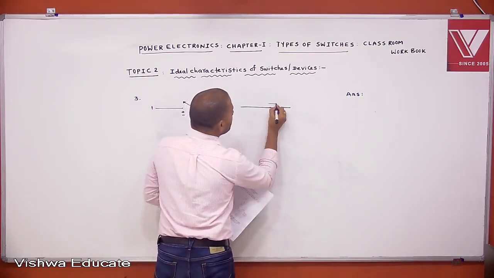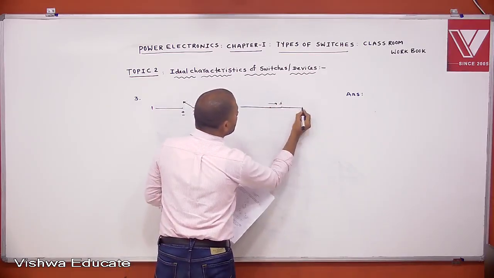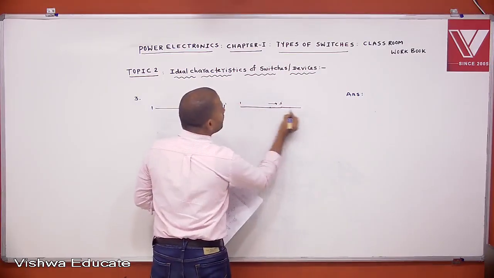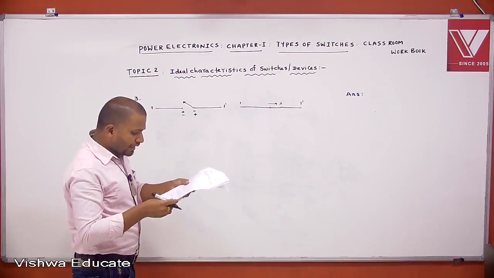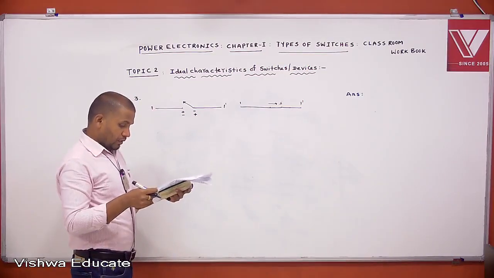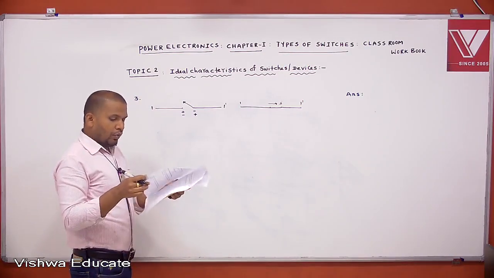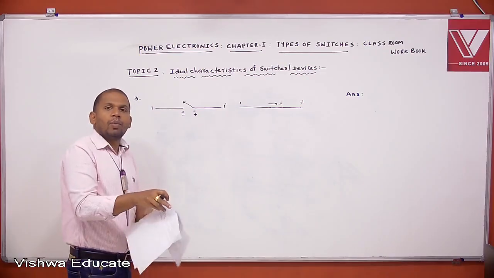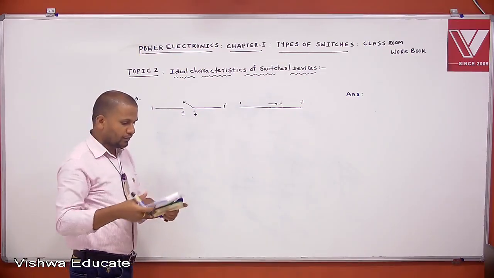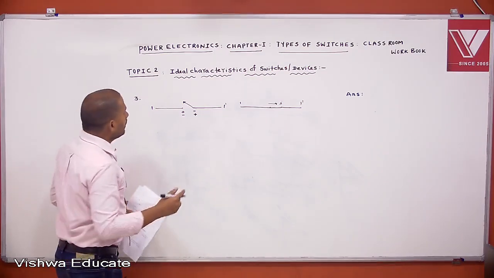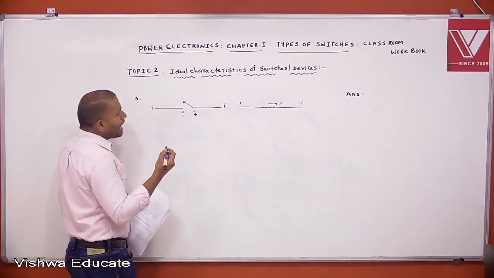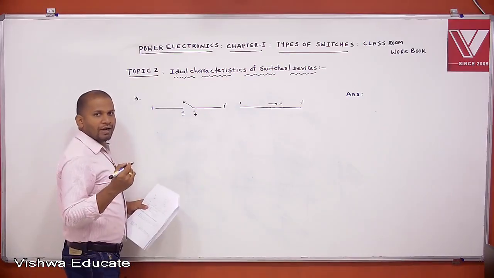Which of the following realizations allows only one direction and blocks both polarities? That means blocks both polarities, allows one direction.